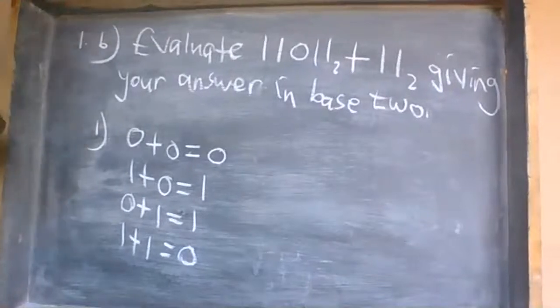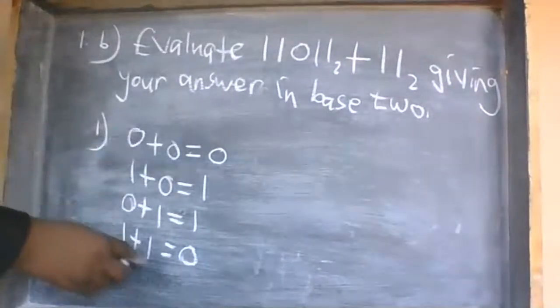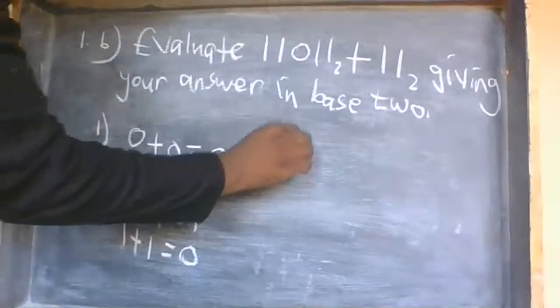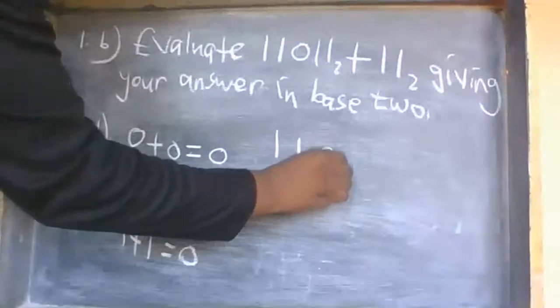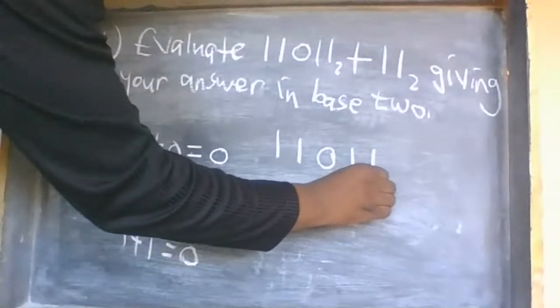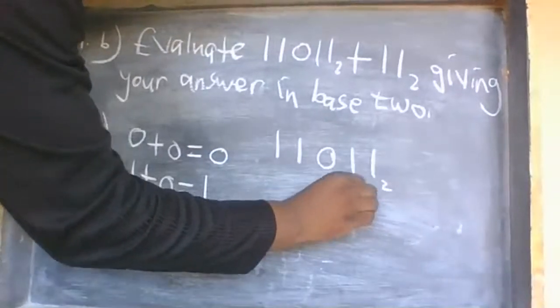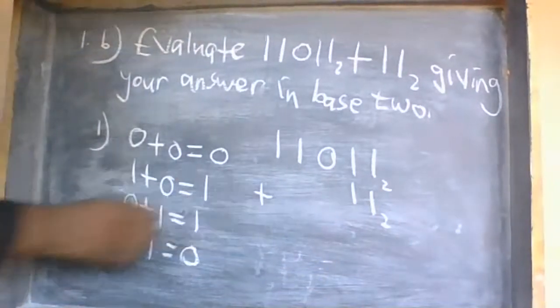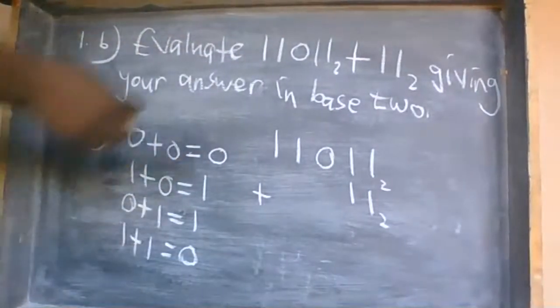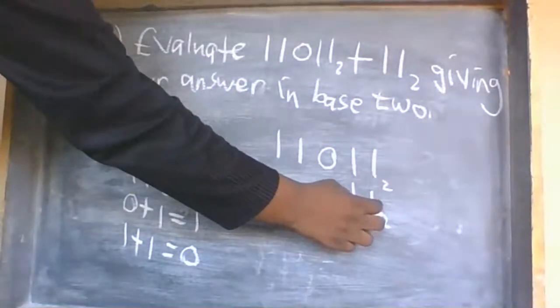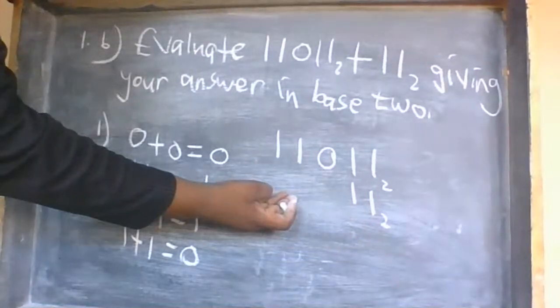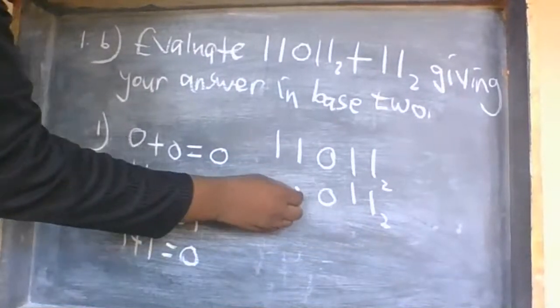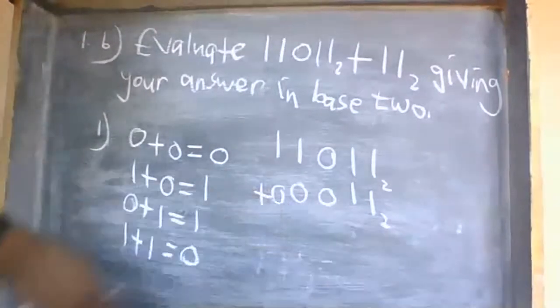Therefore, using these rules, we can say 11011 base 2, then we add that, so we say plus. Since this doesn't have any numbers here, we are just going to put zeros here.